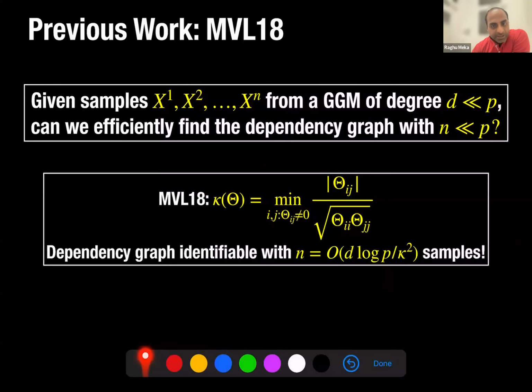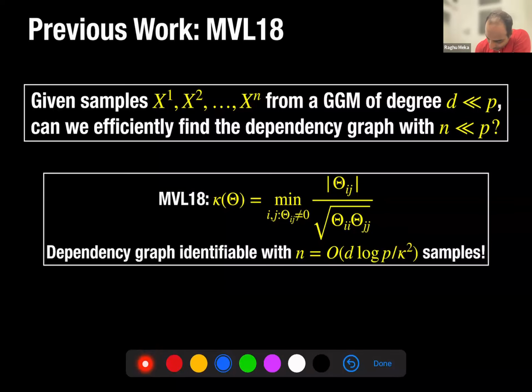And what they showed in 2018 is that any Gaussian graphical model is identifiable with logarithmic in the dimension times the degree of the graph divided by kappa squared many samples. This is amazing because the ideal sample complexity is linear in the degree, log in the dimension, over kappa squared. You think of kappa as a small constant, like half or one.